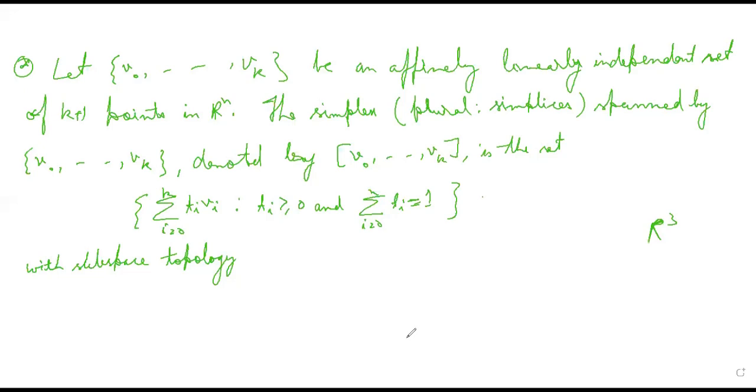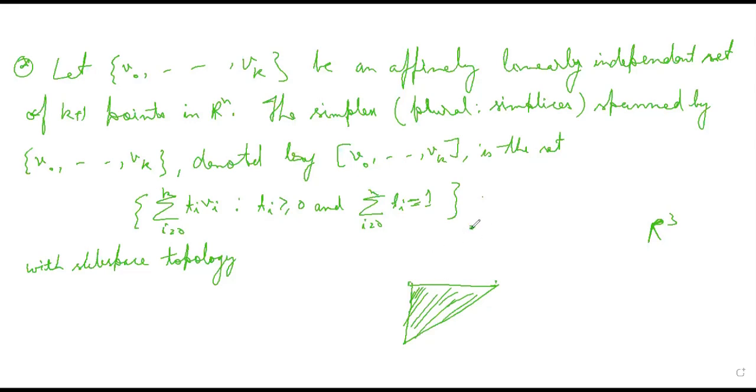Suppose we are in R3, and if we take 3 points which are in general position, then the simplex spanned by the 3 points will again be a triangular disk, you can say. Now, if we take 4 points in R3 which are in general position, then we can verify the following.